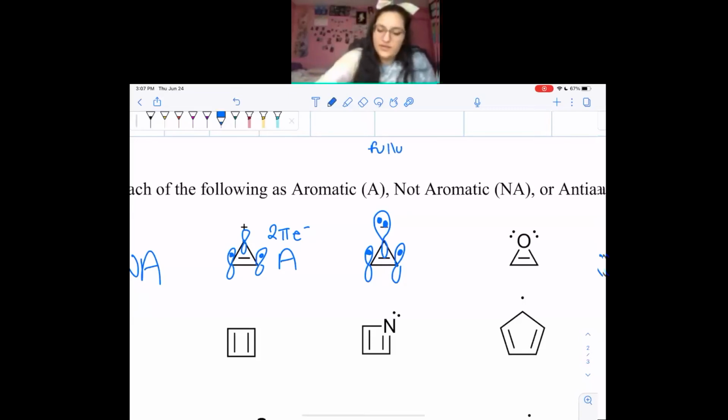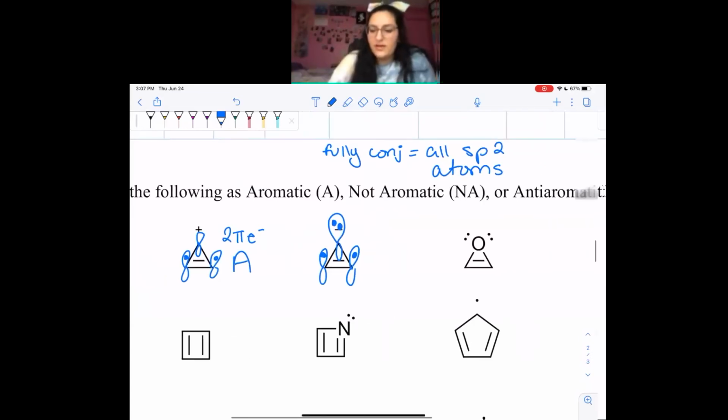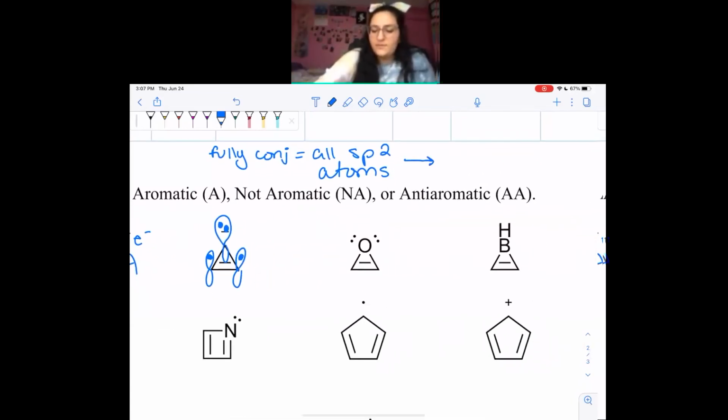So fully conjugated equals all sp2 atoms. And we know cation, anion, and radical are sp2.